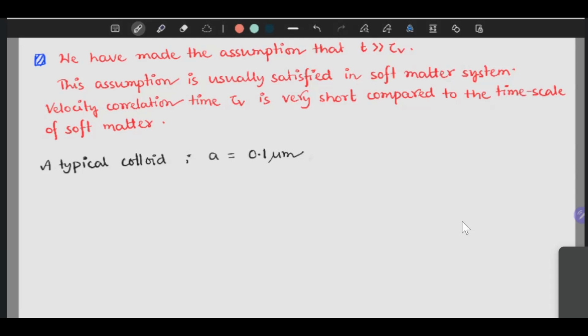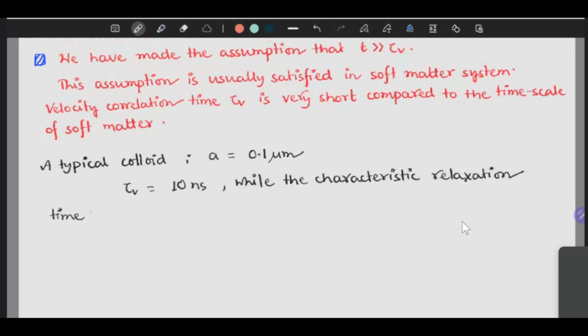For that, if you calculate the tau v, this will come about 10 nanosecond, while the characteristic relaxation time of colloid particles is of the order of millisecond.